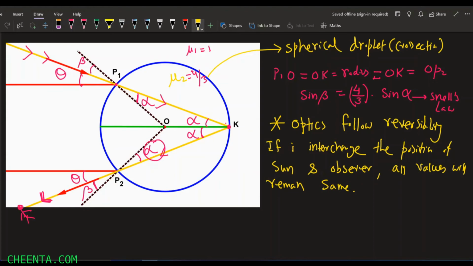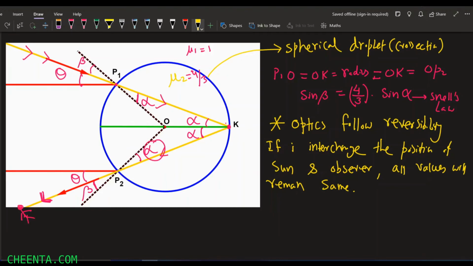What I mean is that if I replace the observer with the sun, and the observer is now here, then just the direction of the ray will change, that is, it will now travel in the opposite direction, but all the values of the angles will be the same as before.